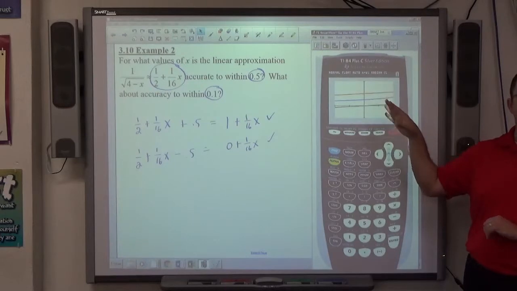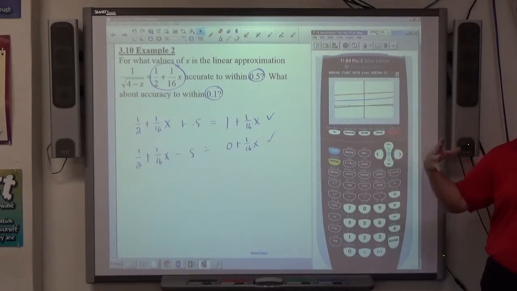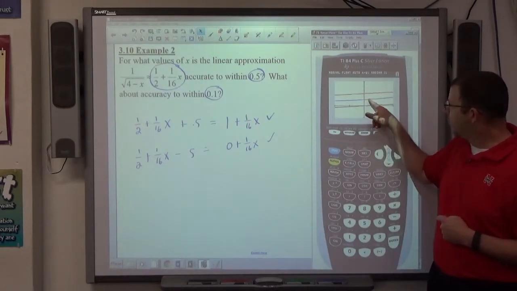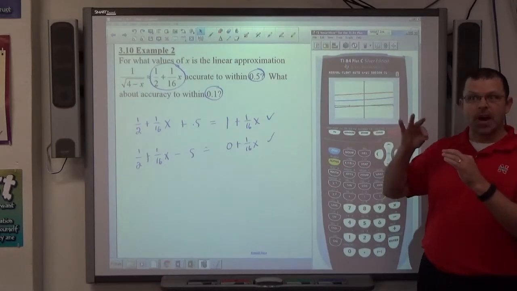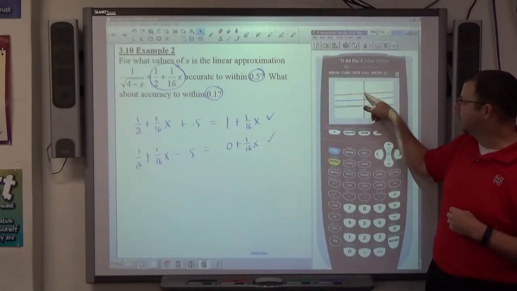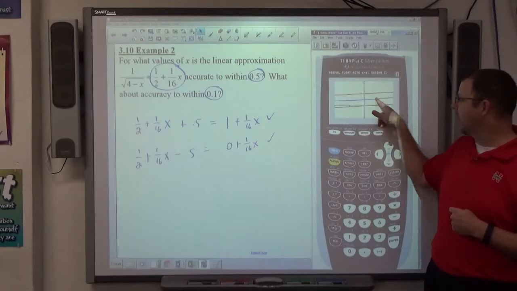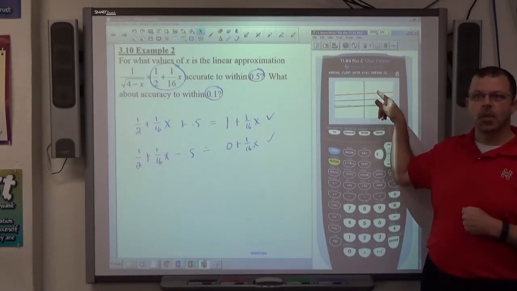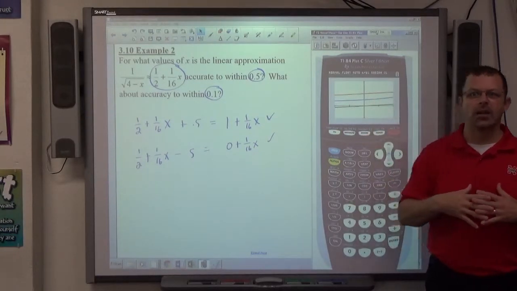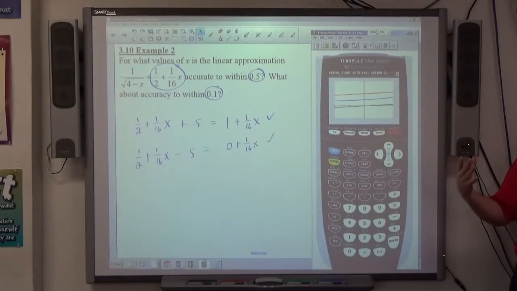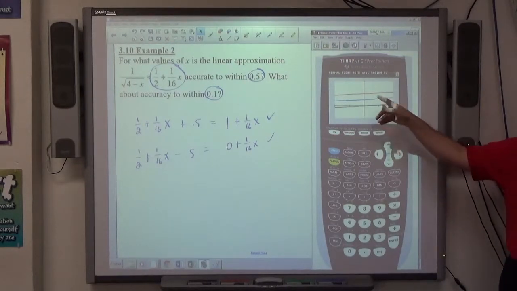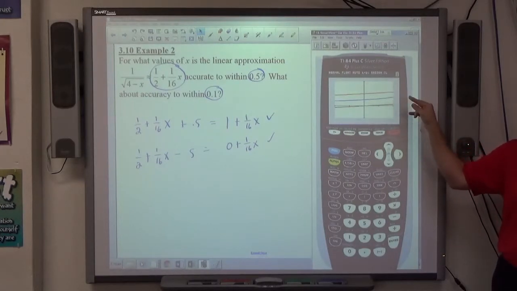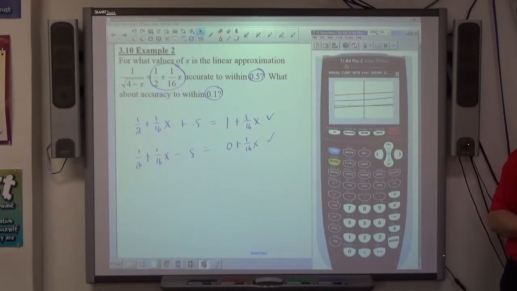Because once it intersects, then I'm outside that error range, right? So there's where I'm at. I'm allowing myself a 0.5 error on this problem, so I'm allowed to get this far up, this far down, and the right answer is the blue line. Once the blue line crosses one of these two lines, now I'm outside that error window. Does that make sense? So the red line and the black line is my error window. I want to stay in between that, and right now the blue line's in between that. So currently, I'm in good shape.